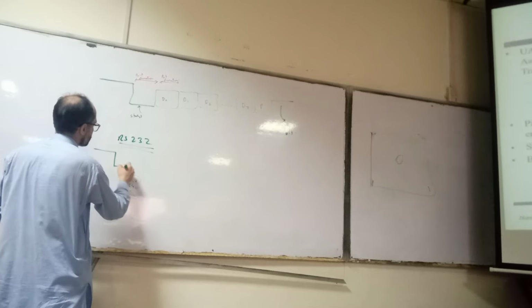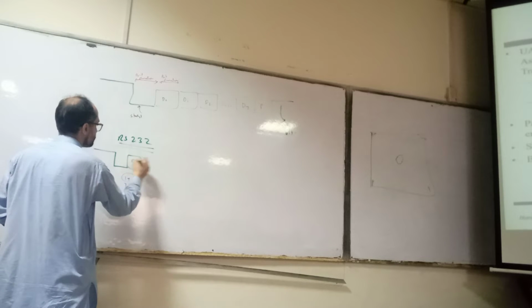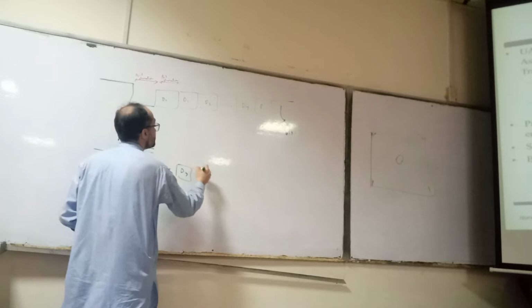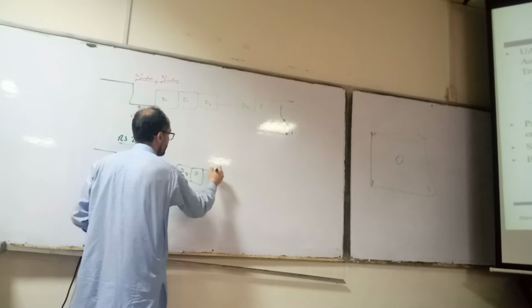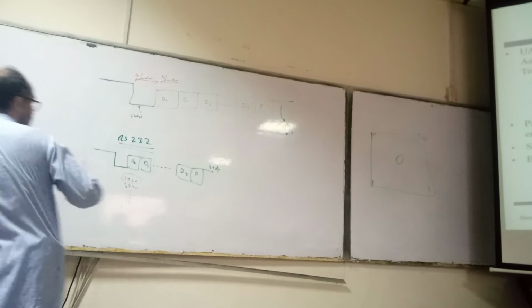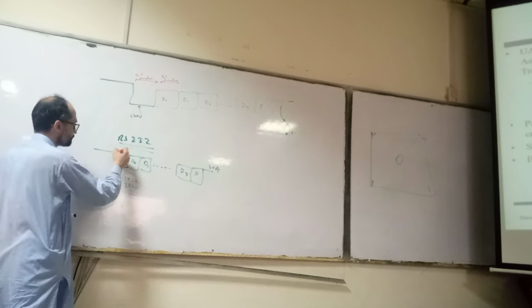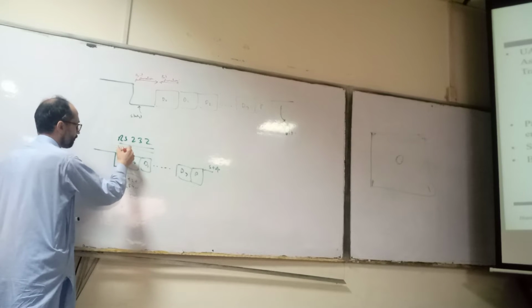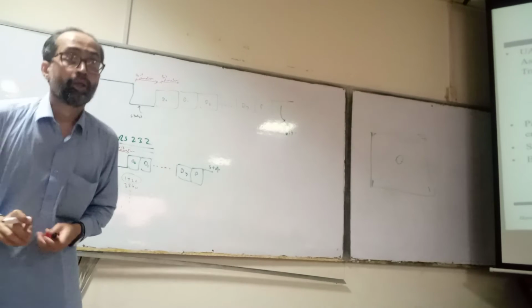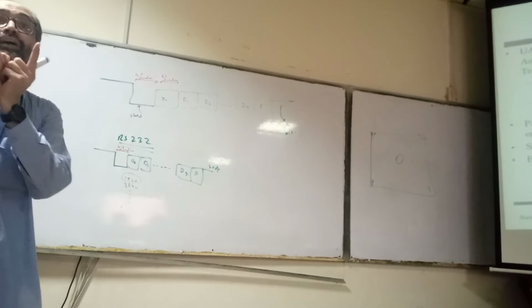So now you have start bit, and then D0, D1 up to D7, and then parity bit, and then stop bit. So this bit duration is determined by the baud rate.